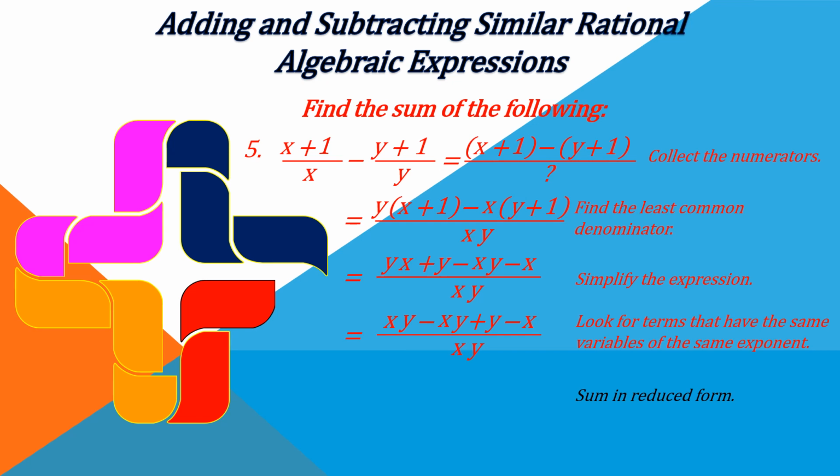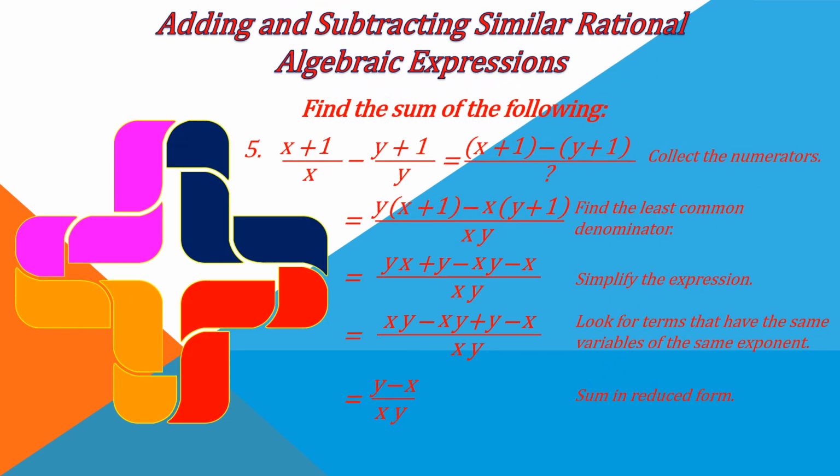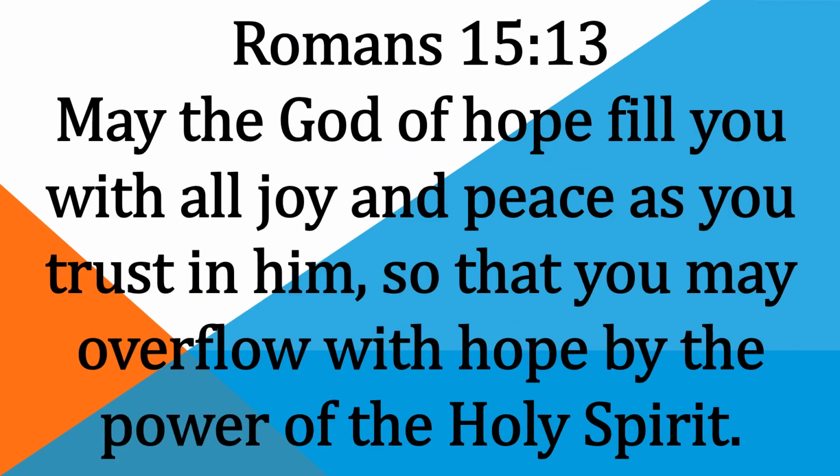We have xy minus xy is equal to 0, and the remaining terms are equal to y minus x over xy. And that is our final answer. y minus x over xy.